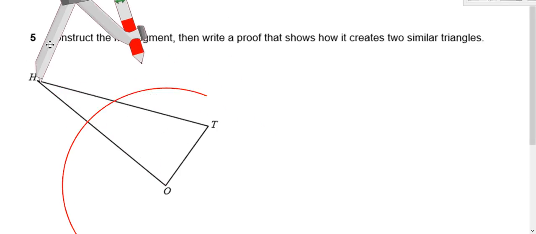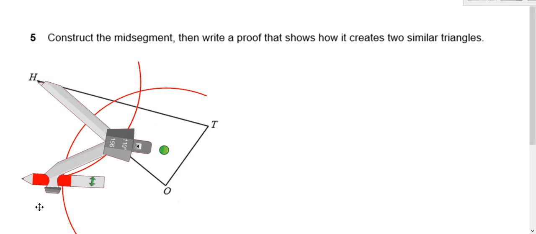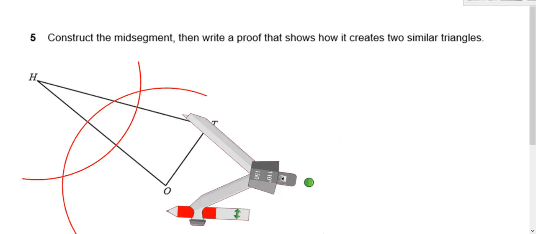Do the same thing from the other vertex. That line shows you the midpoint.